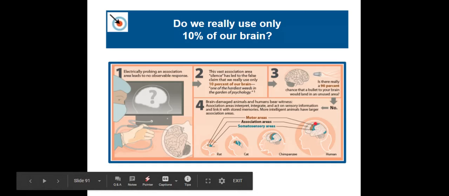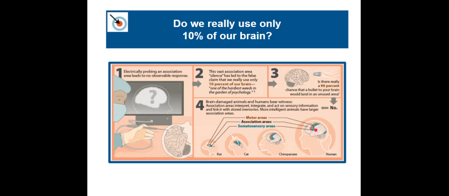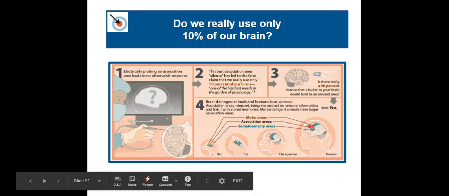You can see the association areas are these outlined areas with no color, but they're massive. And if you compare them to a chimpanzee, and then to the association areas of a cat and that of a rat, you can see the association areas, or the memory areas or the processing areas, in humans are much larger.